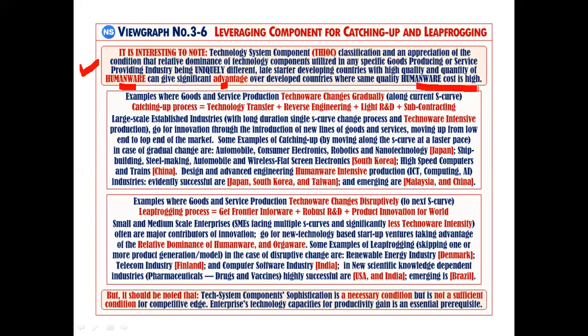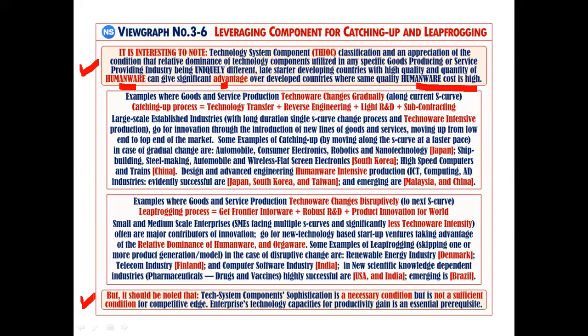We have to remember this. And then I've given you many examples where developing countries are able to catch up and to leapfrog. But one point I want to make is that though technology component sophistication is a necessary condition, it is not a sufficient condition for competition.